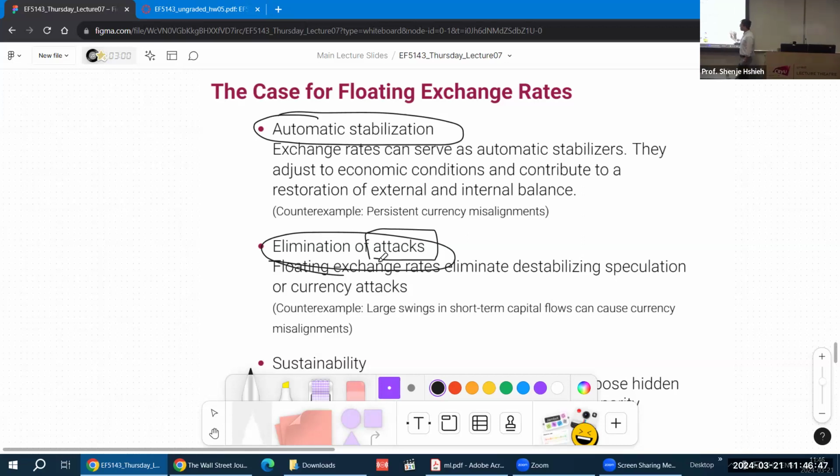But once they run out of reserves to sell, then they must depeg, which is going to be problematic, right? People will lose faith in the value of the Hong Kong dollar. So if you have a floating exchange rate, you don't have to worry about depleting your reserves, right?